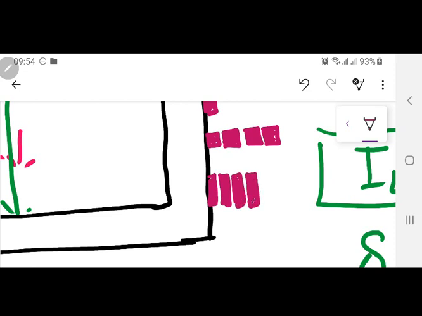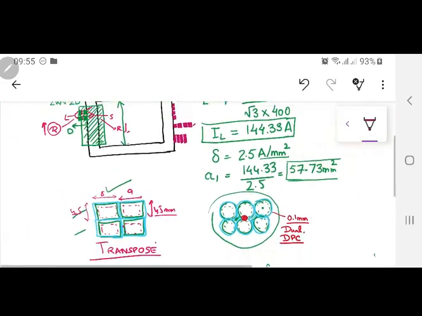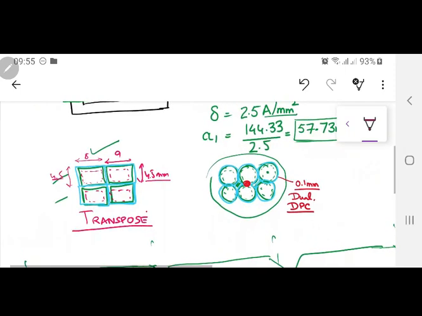You see the flat side, or the larger length side, is with the core. In this way it is mechanically more robust and more stable compared to this one. So whenever a low voltage winding conductor is designed, it is designed using either square or rectangle shape conductor, or it is used in round shape.